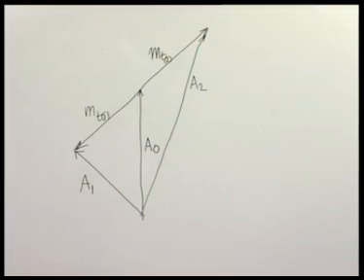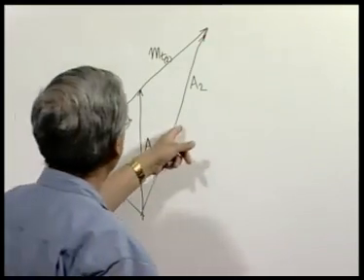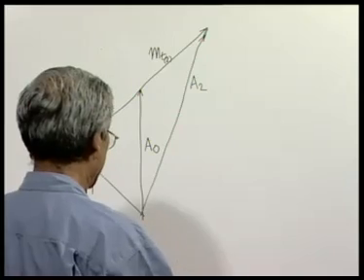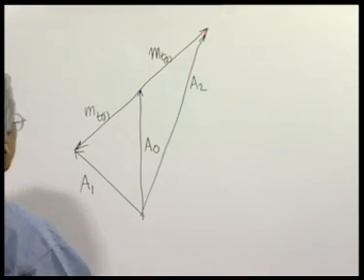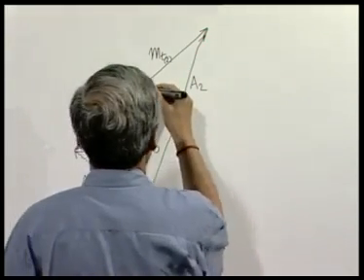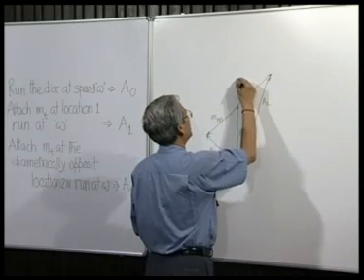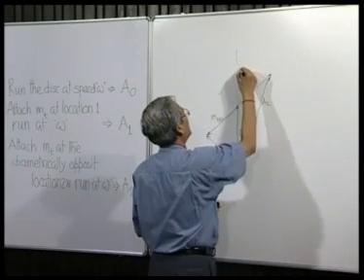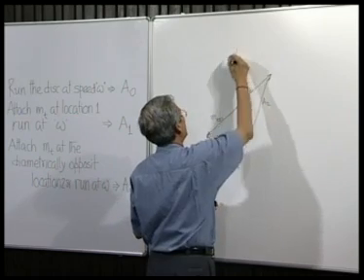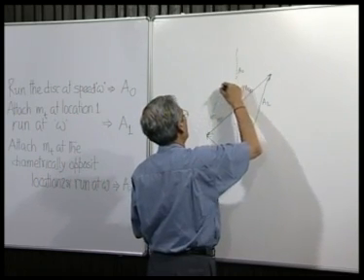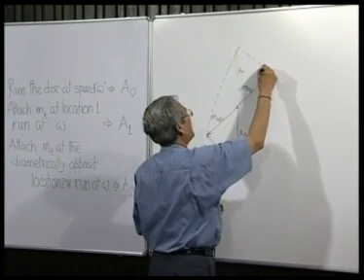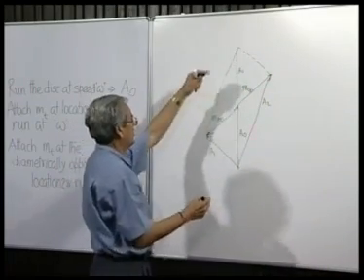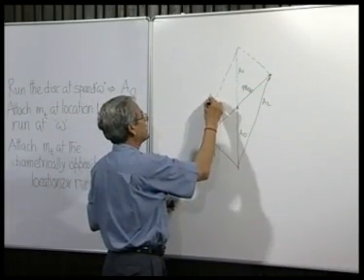So, just getting these three quantities, it is possible to have this diagram. How we do it is we draw a triangle whose one side is 2A0, one side is A1, other side is A2.